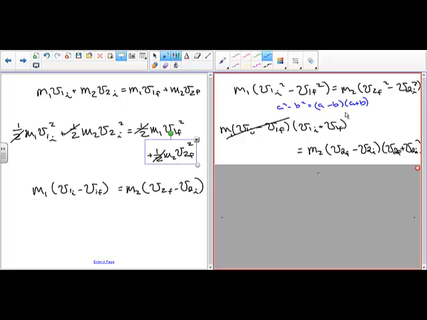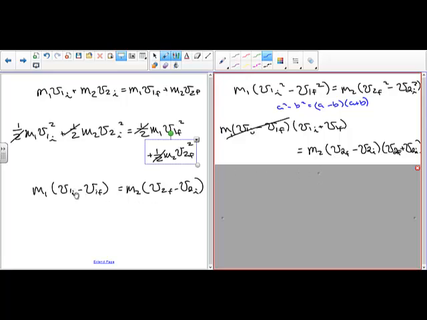So the inner and outer cancel out. So I'll have v1 initial minus v1 final, and then v1 initial plus v1 final. And then you can do the same thing over here. So you've got v2 final minus v2 initial, and then v2 final plus v2 initial.